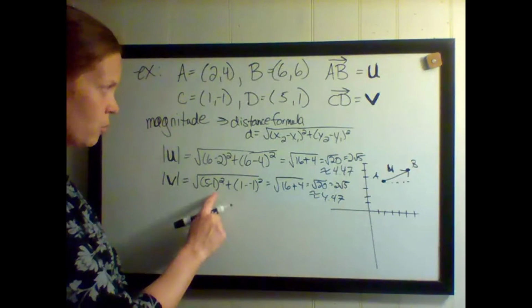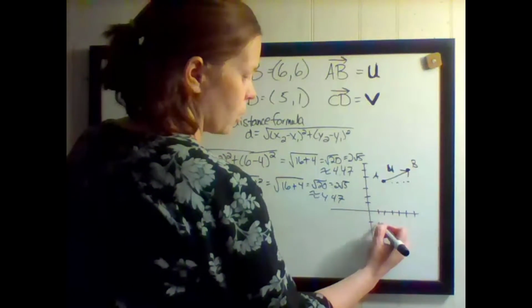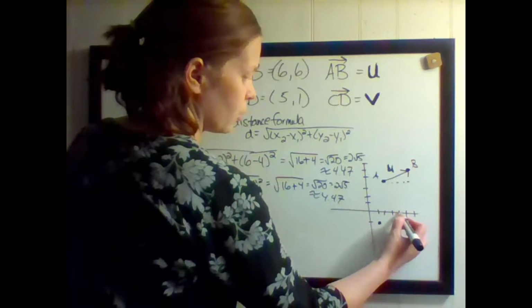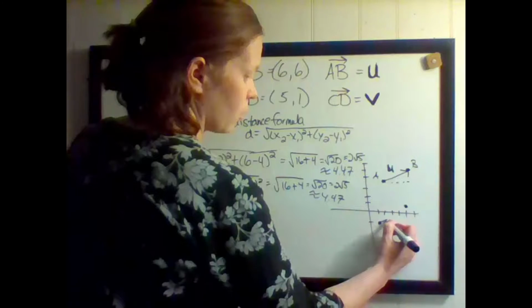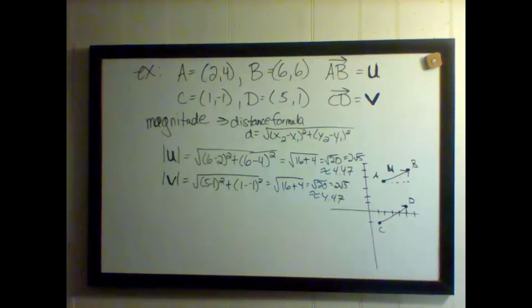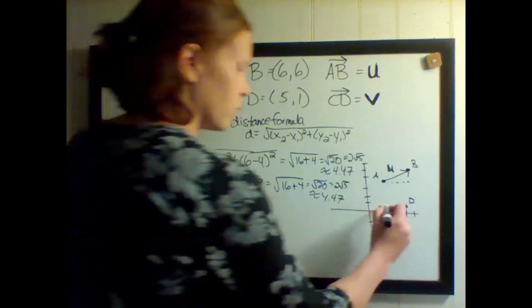We didn't graph that, so let's graph it to see if that makes sense. (1, -1) and then (5, 1). That looks about the same distance. Okay, so that's vector V.